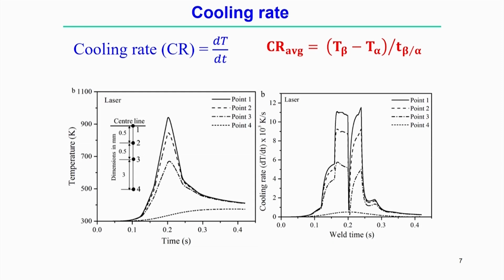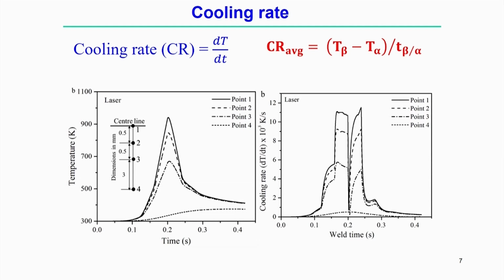Here, T beta and T alpha are the phase change temperatures of two different phases in the microstructure. Over the duration of this phase change temperature, the corresponding time required gives that ratio, which we represent as the average cooling rate.